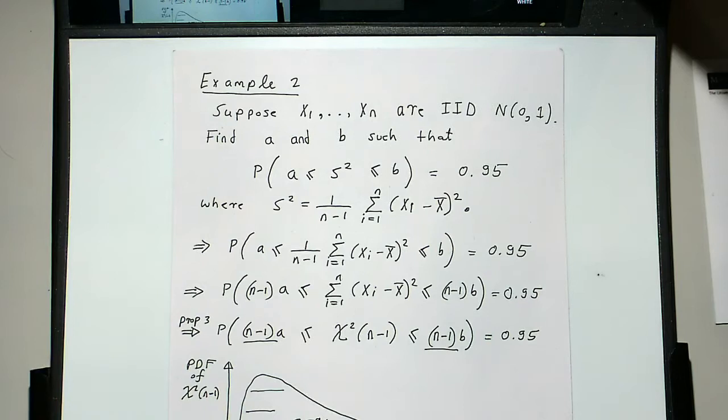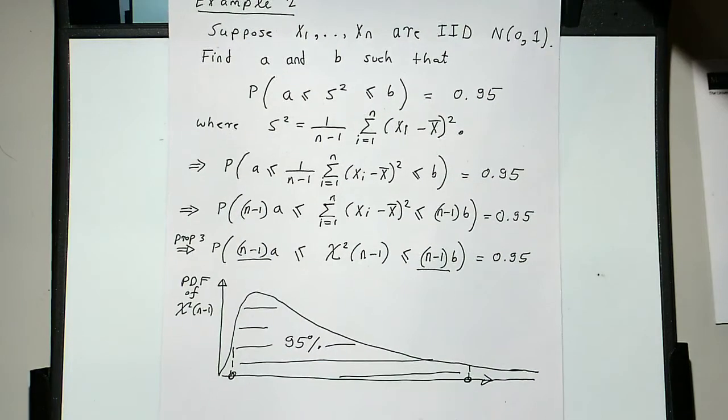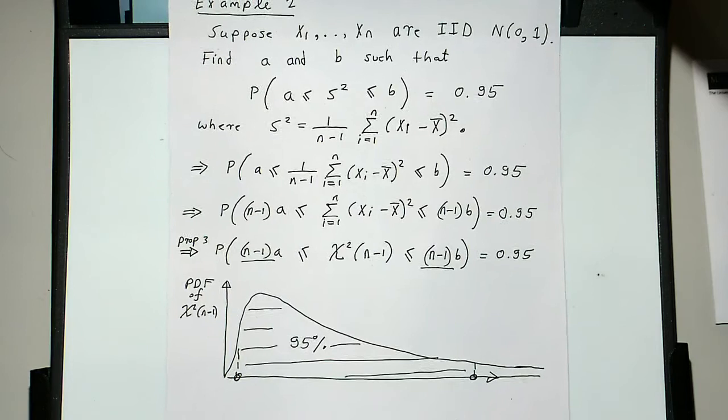The area between these 2 points is 0.95. In other words, 95% of the total area. So that means if this area is 95%, these 2 areas here should make up 5%, right?